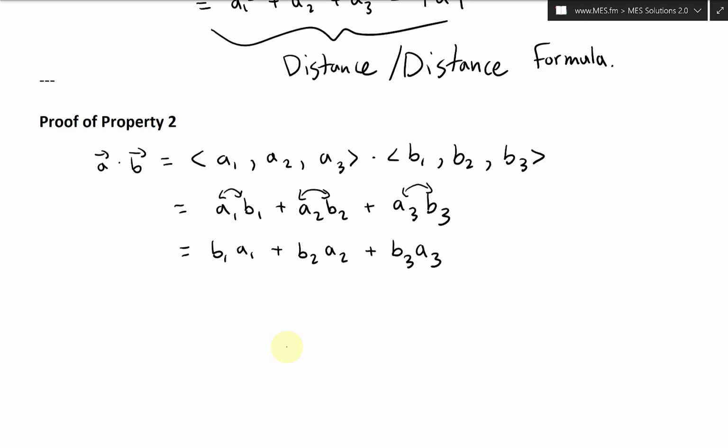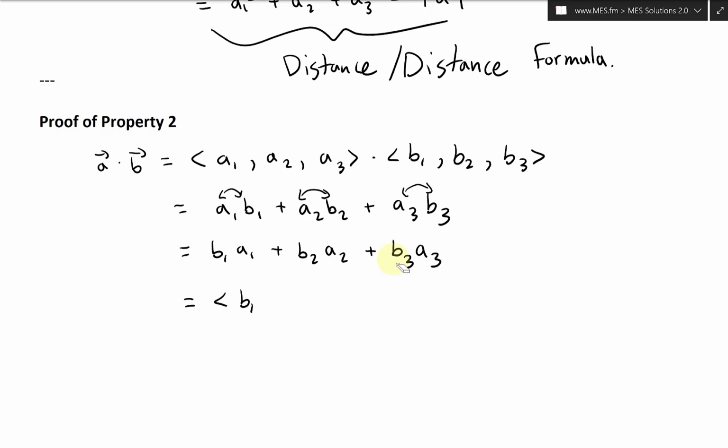All right, and in other words, this is just the definition of a dot product for the vector in the front, so B1, B2, B3, those components.